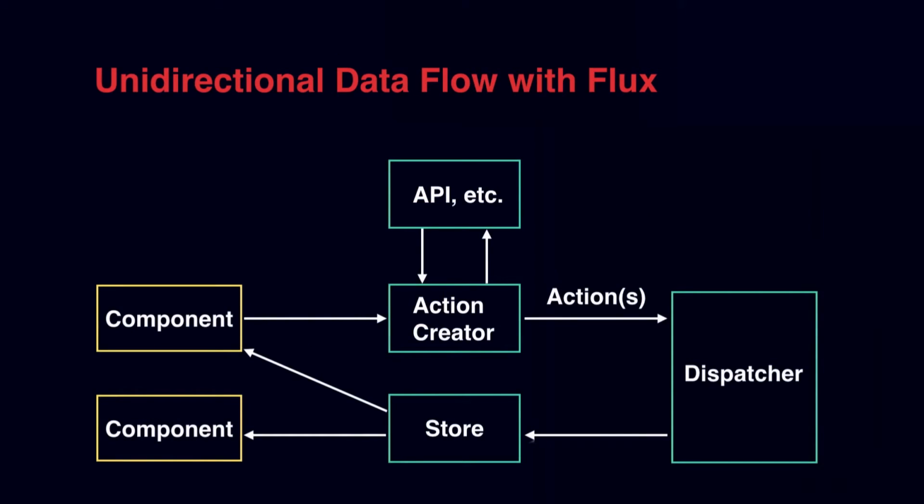And that action goes to something called a dispatcher, and that dispatcher basically broadcasts the action to anyone who cares about it. In this case, you have all your data. Instead of a whole bunch of models, you have a store whose only job is to listen to dispatches and then decide if it wants to update itself and how it wants to update itself.